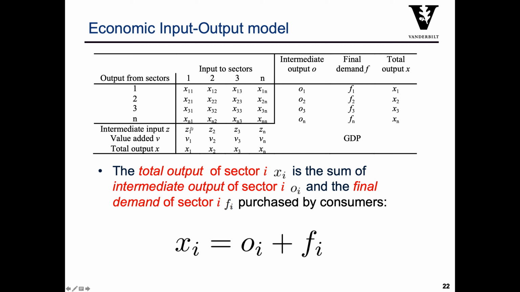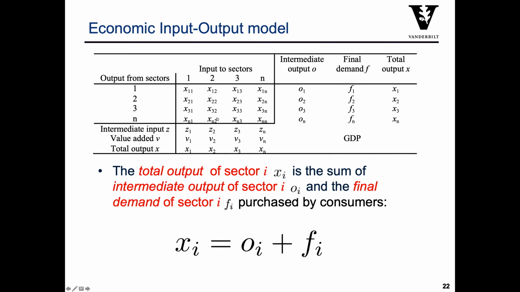The difference between the value of the incoming goods and the value of the outgoing goods is the value added by sector 1. So Z1 is the intermediate input. That's the column sum here. You add on the value add, and that will give you the total output X1, which is the exact same total output as this X1 over here. Okay, and so that basically describes what all the data in this table looks like.